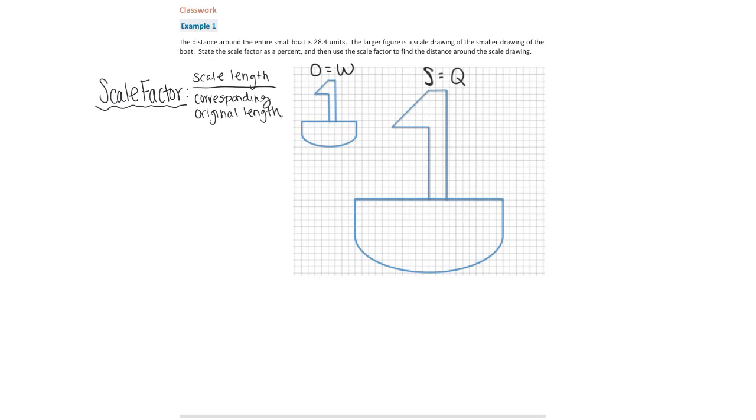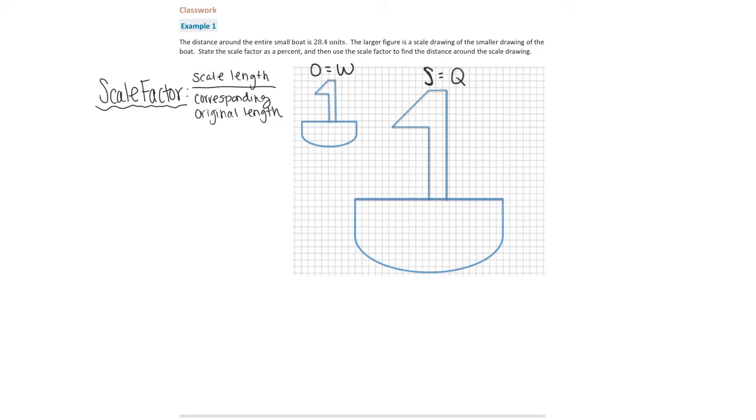When we talk about corresponding, what that means is we're going to look at the same position, but on a different shape. Now, we need to determine what line or what position from both of these drawings is the best one to use for our corresponding length.